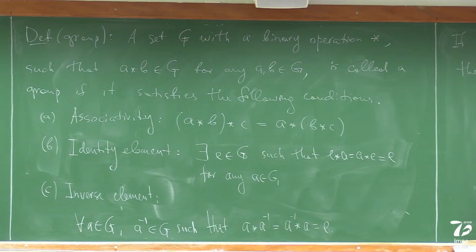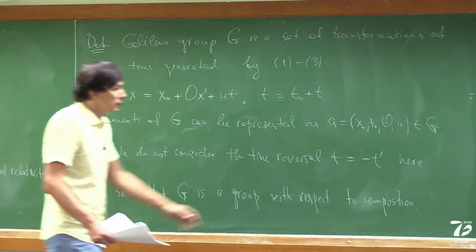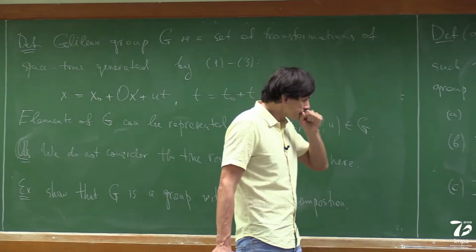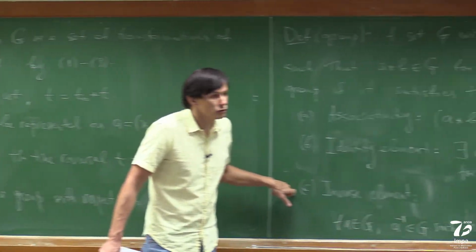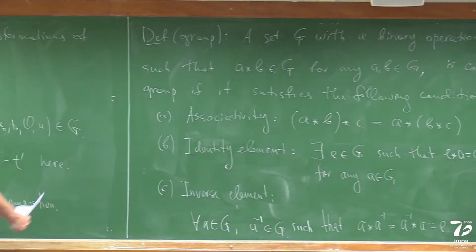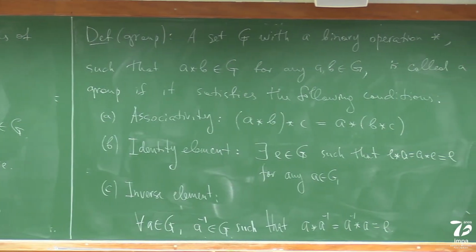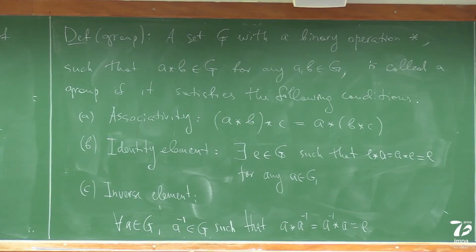So then you don't change coordinates. Of course, it's a natural identity element. And the inverse element also exists, because if you made this transformation forward, you can also make it backward. So these three conditions, but it's useful to write them explicitly, right?